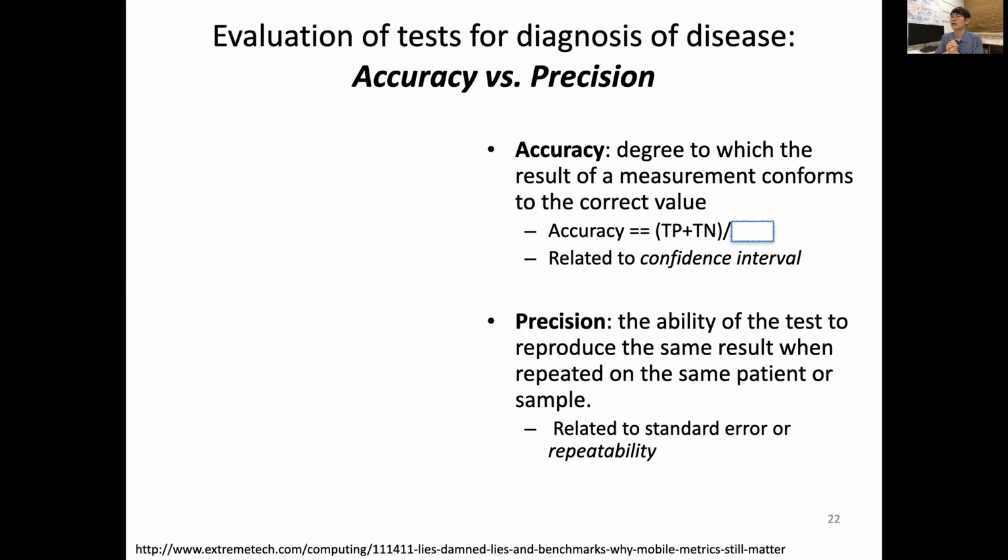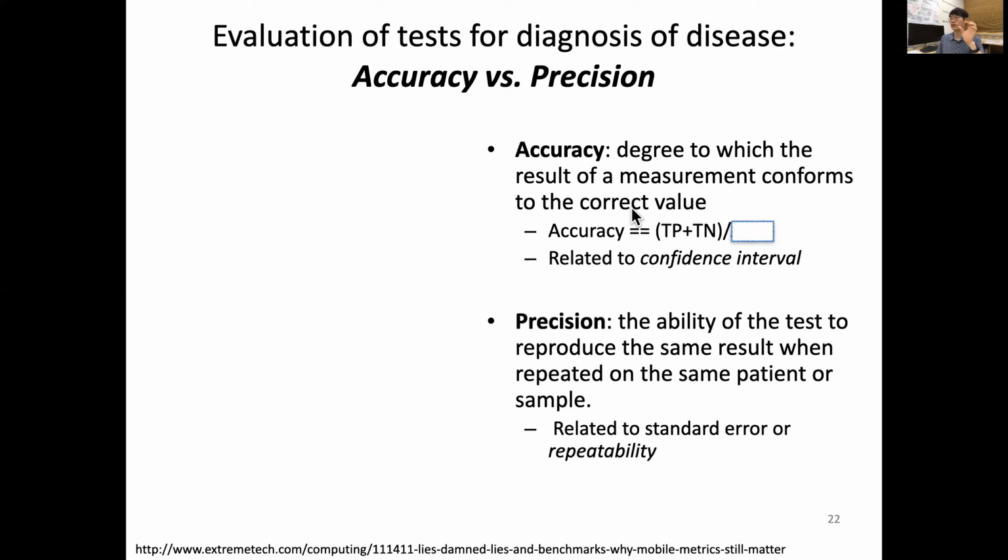So for that, let's consider, what's the accuracy of your test or your machine? For diagnosis of disease, accuracy can be defined as the degree to which the result of a measurement confirms the correct value. How can this machine give the correct value?